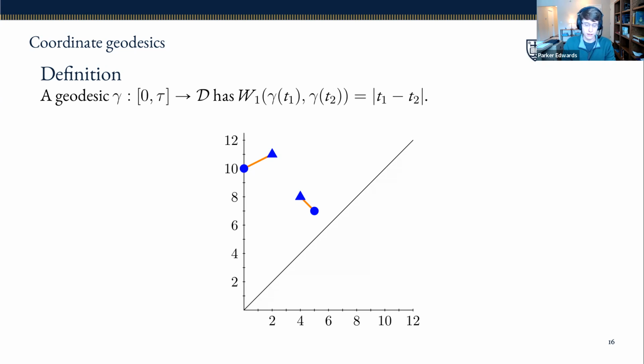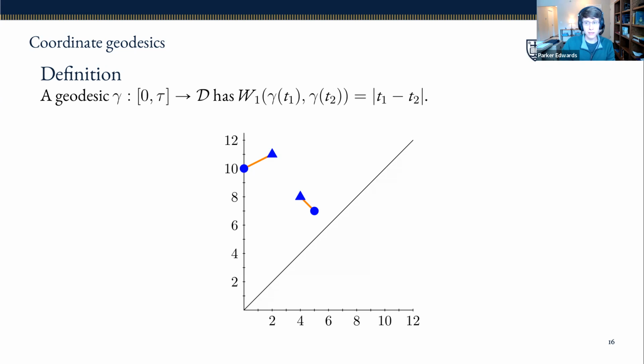And you do that by finding a geodesic between the modules in the interleaving distance, and then watching what happens in the bottleneck distance along this geodesic.